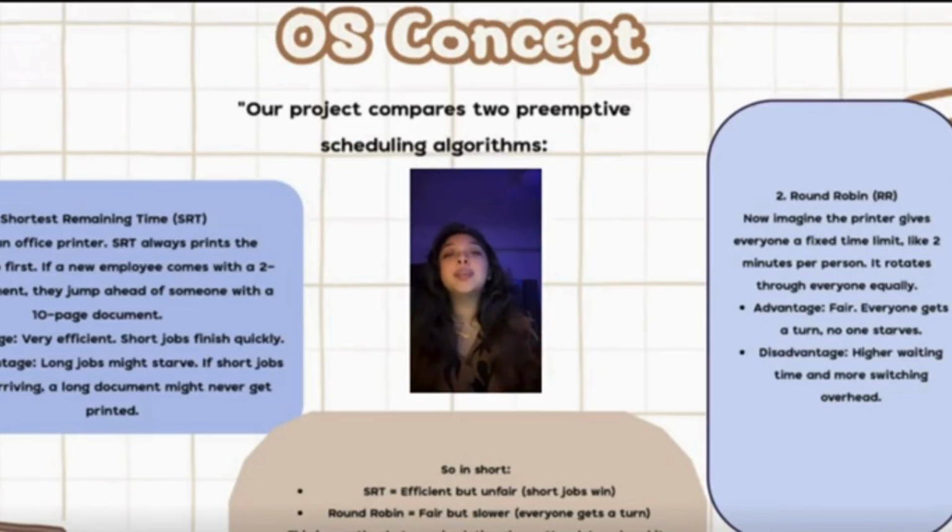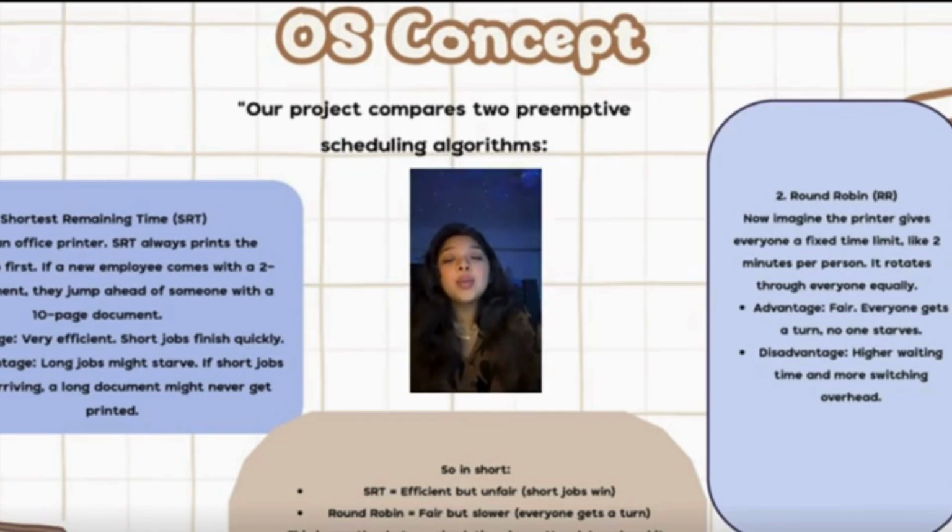Our project compares two algorithms. Shortest Remaining Time, SRT, prints the shortest job first, like an office printer. It is efficient and short jobs finish fast, but a long job may starve. Secondly, round robin, RR, gives everyone a fixed time limit and rotates equally.